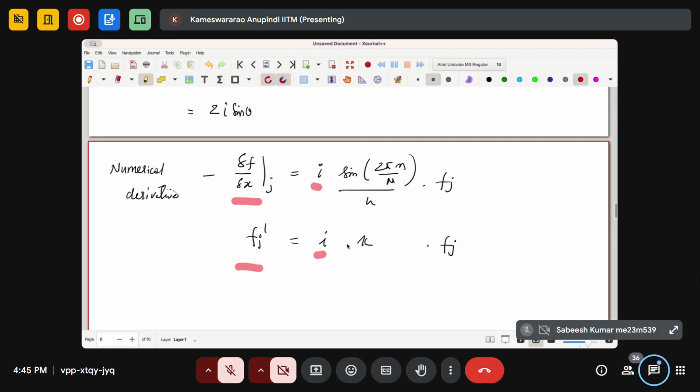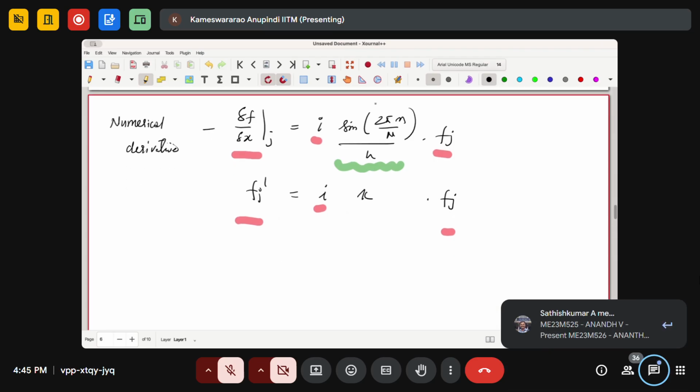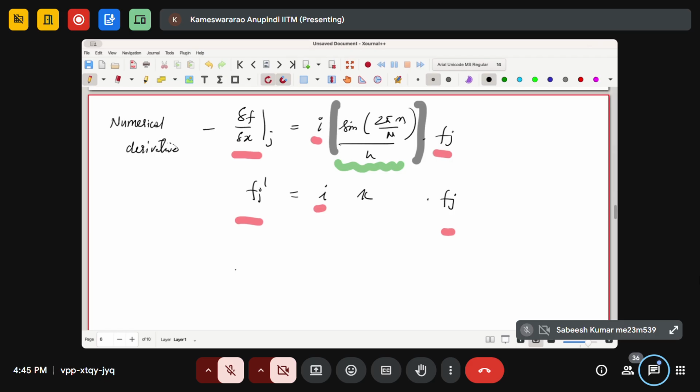We have i, fj, fj. So what we have here, instead of k, is this quantity, which is the wave number. Now this wave number is not k, this is something else. The quantity I have here is my numerical or modified wave number, which I would like to represent as k prime.